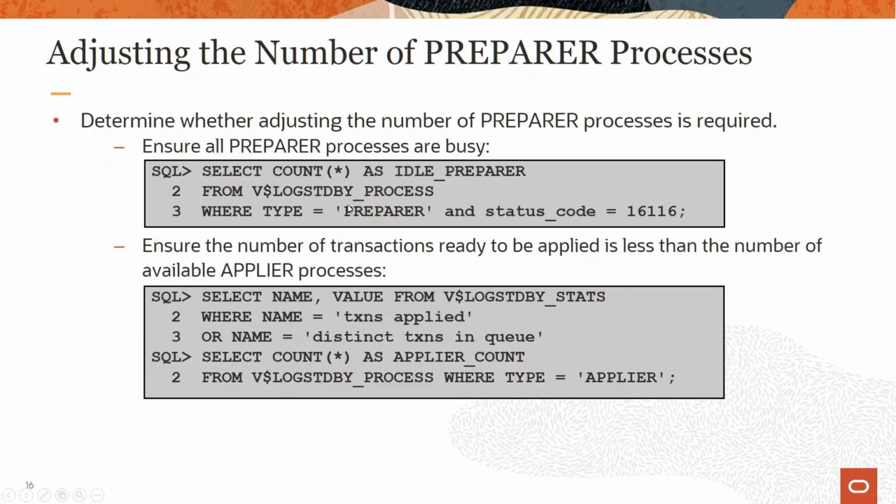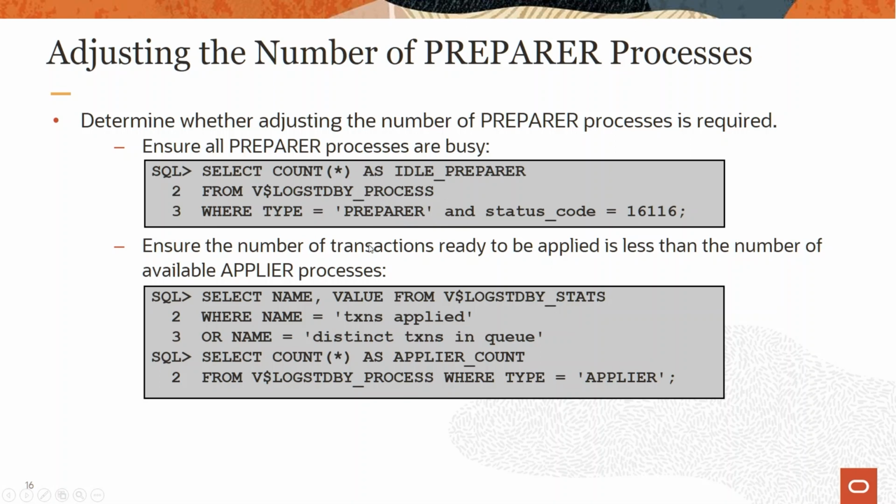Same thing for preparer processes: you check the same status code, and you ensure that all preparer processes are busy. Meaning, let's say you search for a preparer process that is idle.